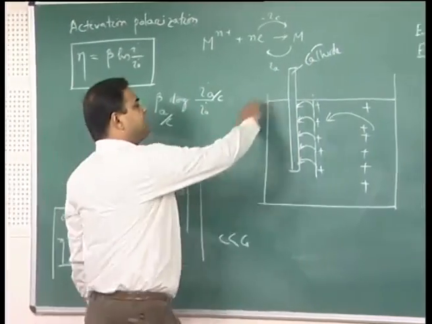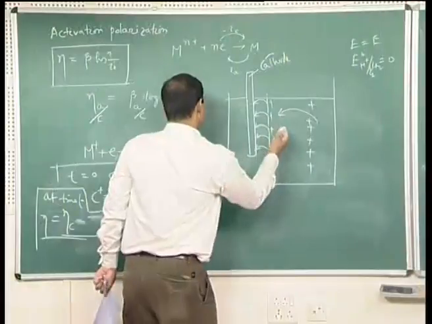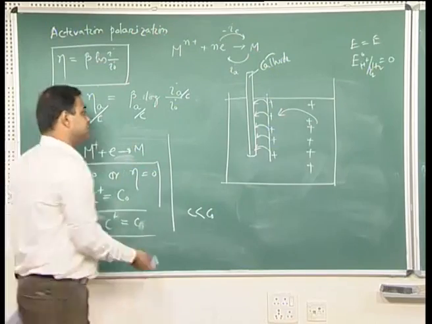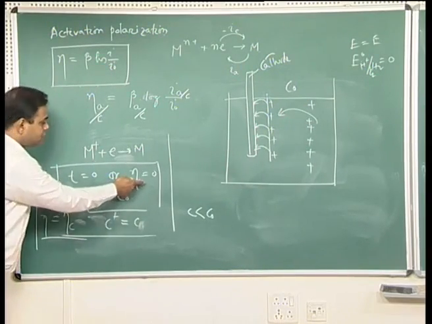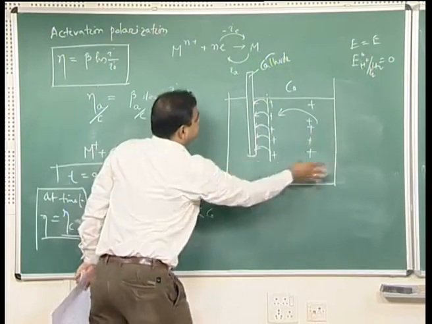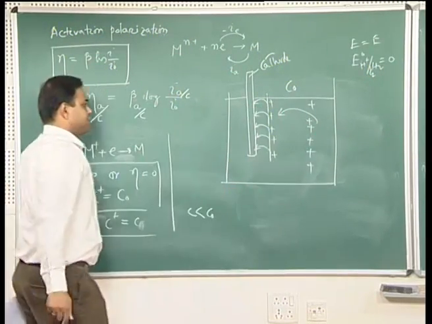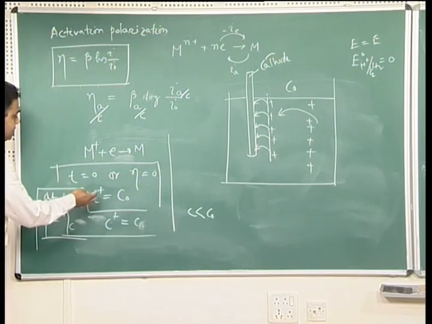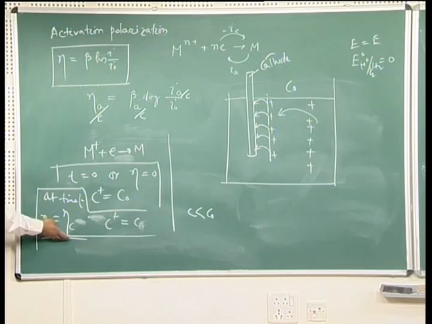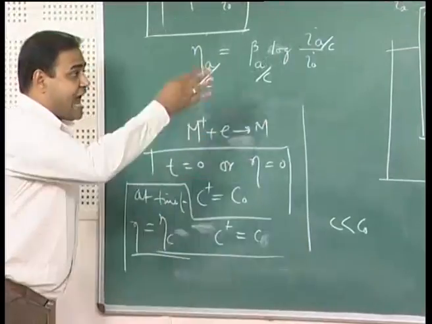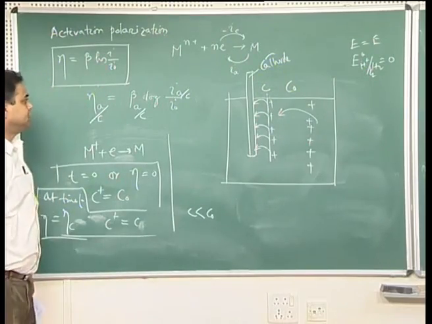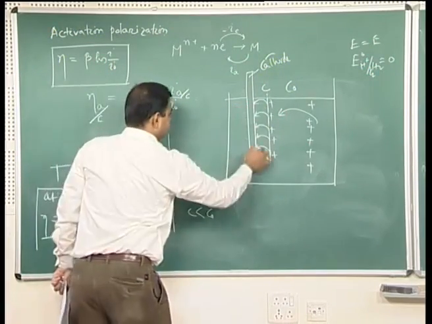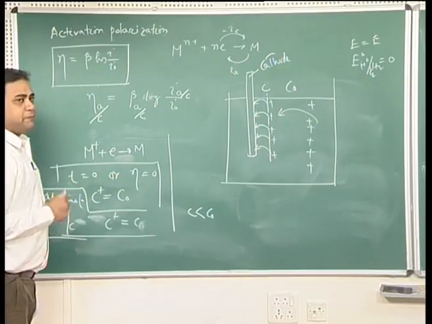Initially the overall charge concentration is C0, because at time t equal to 0 the overvoltage is 0. So throughout the solution we have C0 concentration of metal ion, but once we have started our polarization at some polarization value, I see that the C+ concentration at this surface goes to C. If this surface concentration is C, what does it mean?